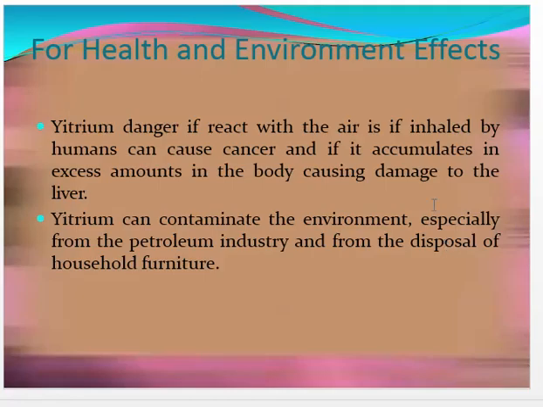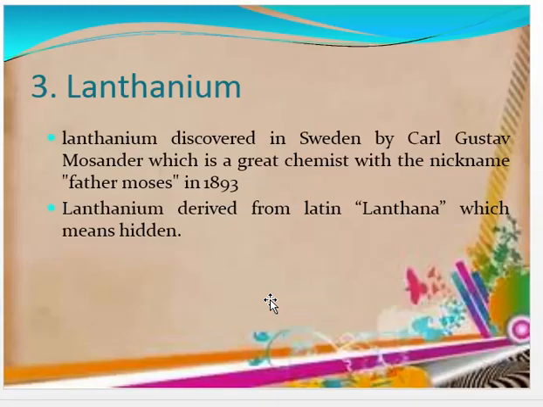For health, yttrium is dangerous if it reacts with the air: if inhaled by humans it can cause cancer, and if it accumulates in excess amounts in the body, it causes damage to the liver. Yttrium can contaminate the environment, especially from the petroleum industry and from the disposal of household furniture.